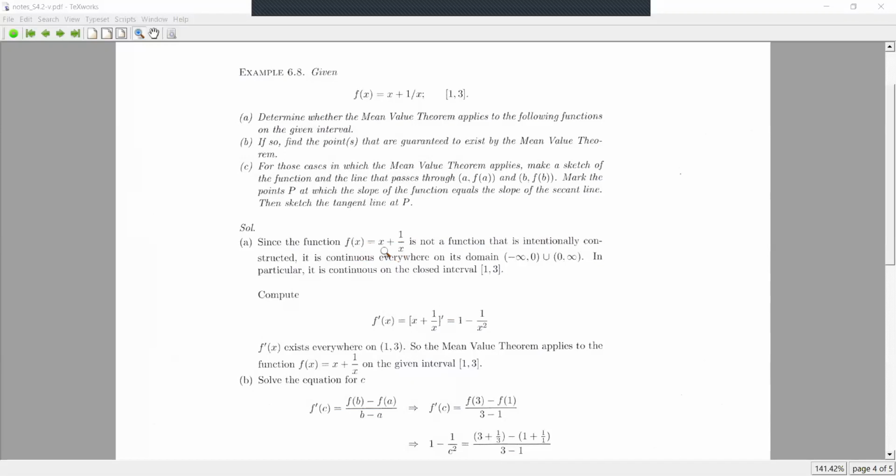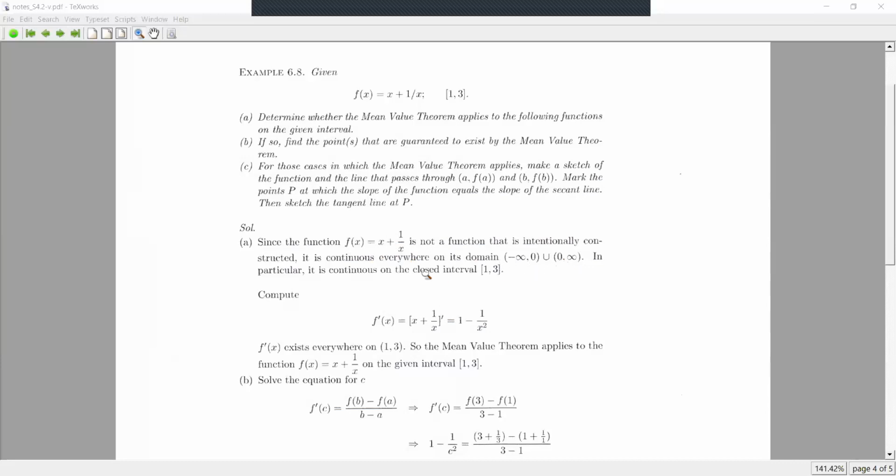If you plug in 0, you get 1 over 0, which is not computable. If you plug in -7, for example, then -7 plus 1 over -7 is computable. So the domain of this function is any number except 0.